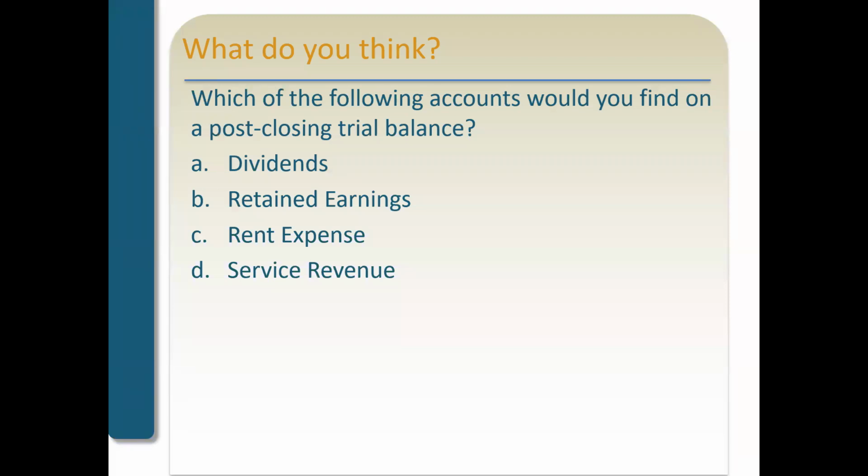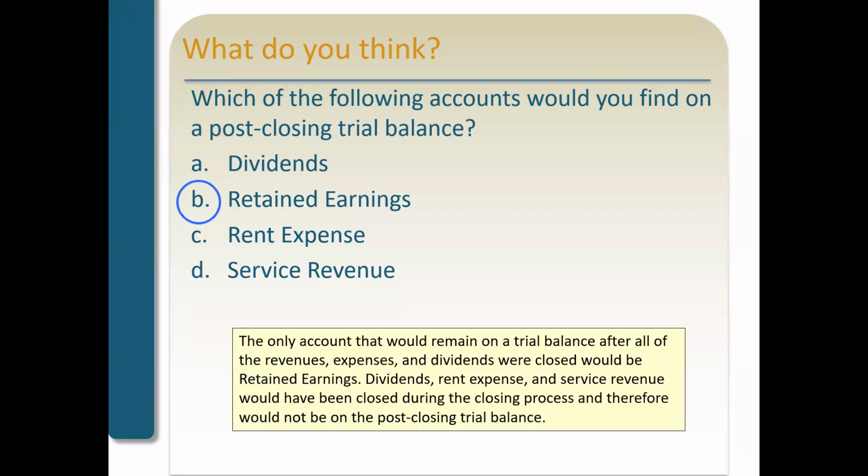Which of the following accounts would you find on a post-closing trial balance? Just retained earnings. Revenues, expenses, and dividends are all zeroed out.